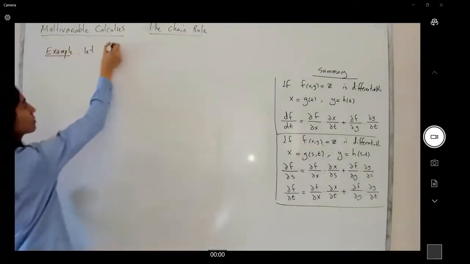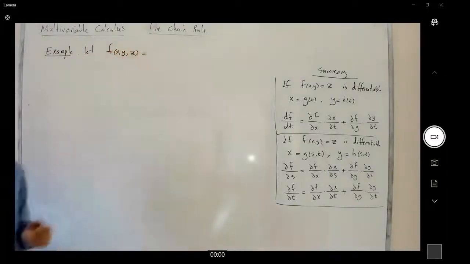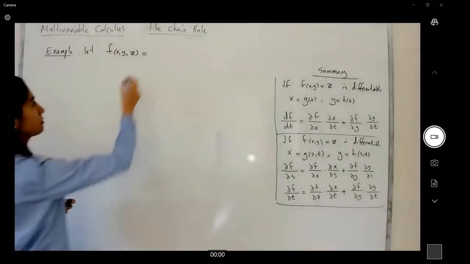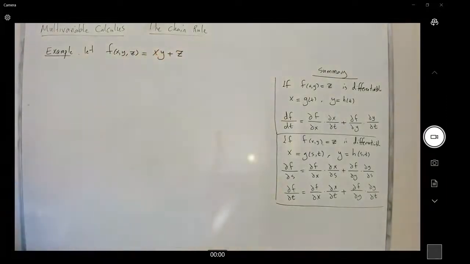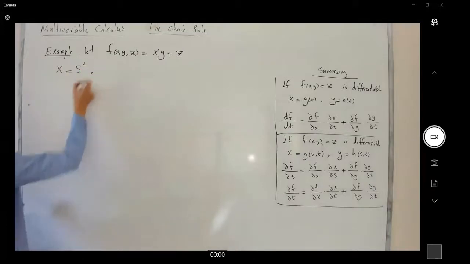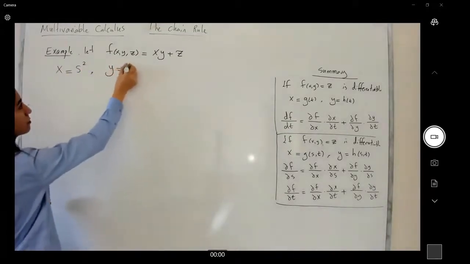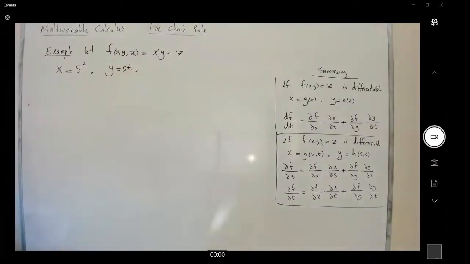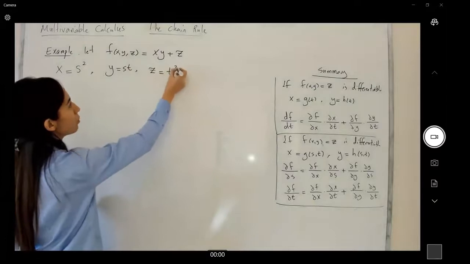Let f of x, y, and z be xy plus z, and then x is defined as s squared, your y is s times t, and z depends on t, which is t squared.